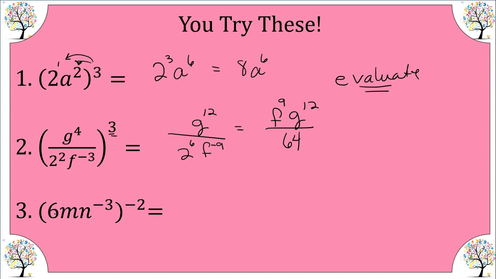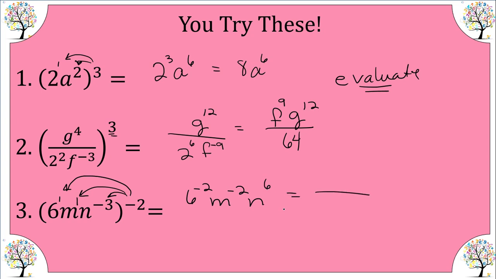Okay, how many factors in this expression? We have 1, 2, 3 factors, 6 to the 1, m to the 1, and n to the negative 3. Each of these factors, we're going to multiply their exponent by negative 2, and we get 6 to the negative 2, m to the negative 2, and n to the positive 6.